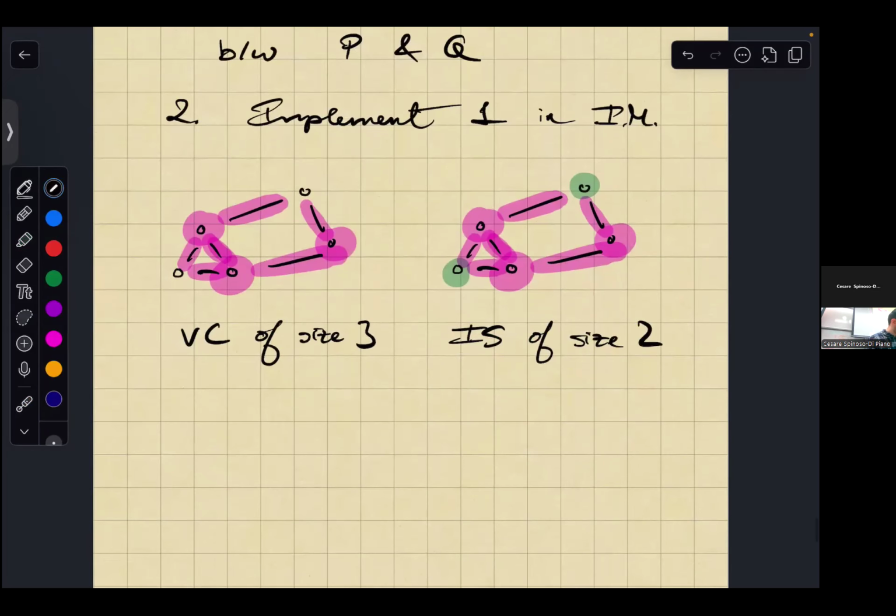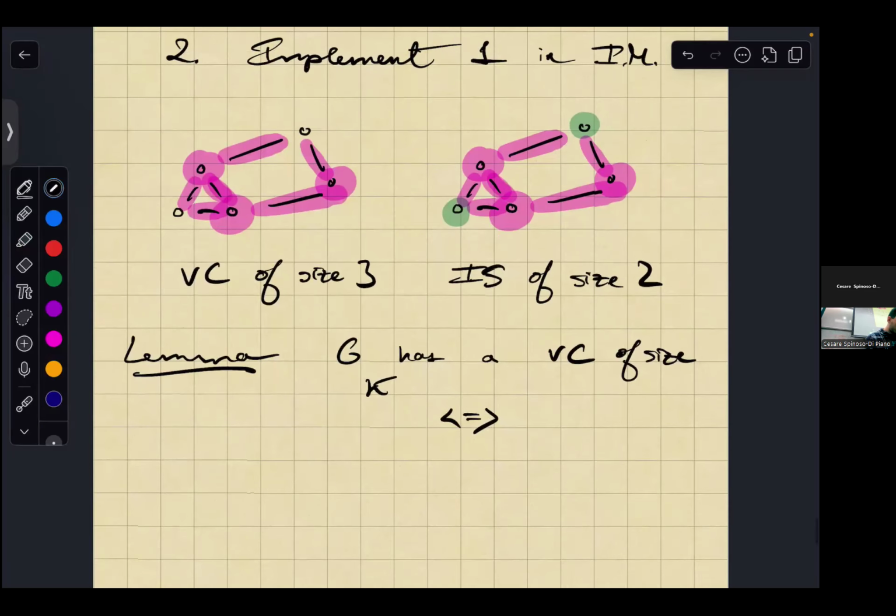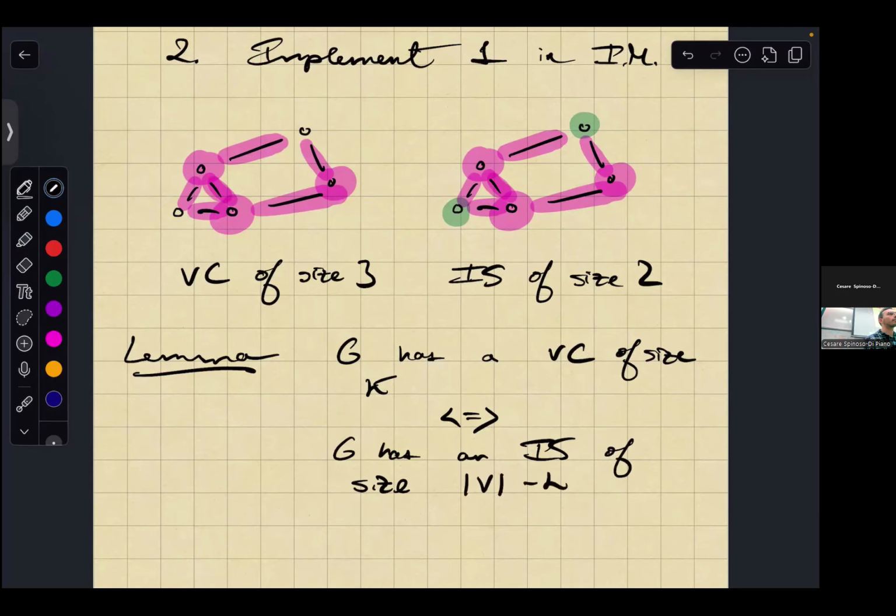The general observation that I'm going to make, which I'll state as a lemma, is that G has a vertex cover of size k if and only if G has an independent set of size the total number of vertices minus k.